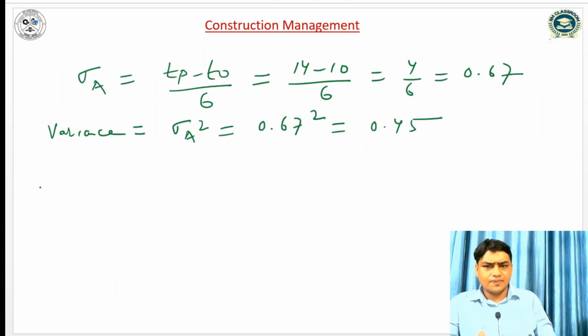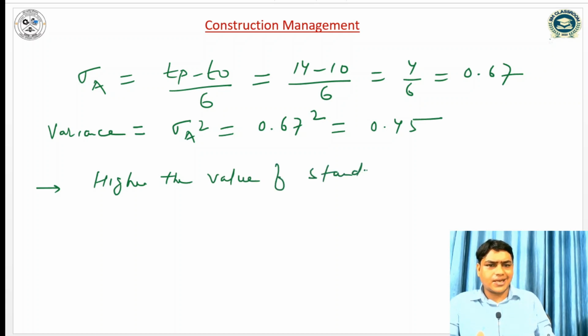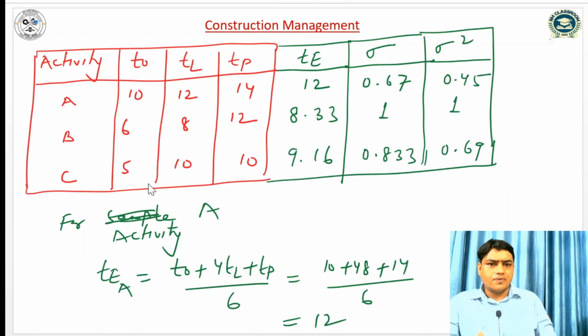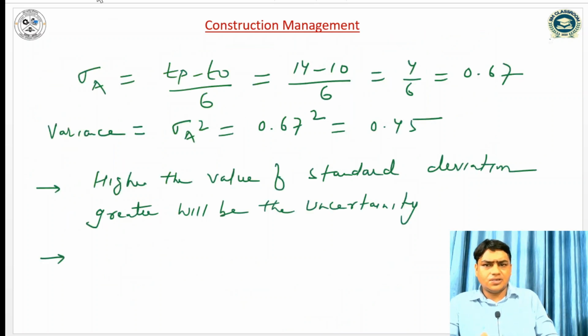As we know, the higher the value of standard deviation, the greater will be the uncertainty to complete the project. We can see that for activity B, the standard deviation is maximum, and for activity A, the standard deviation is minimum.